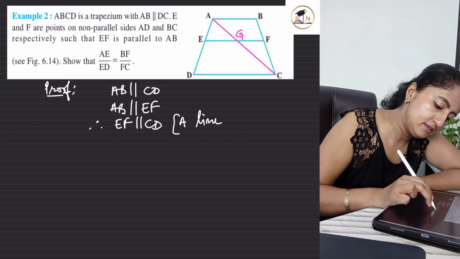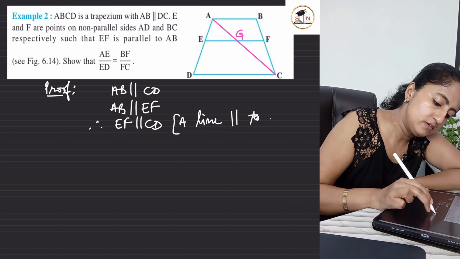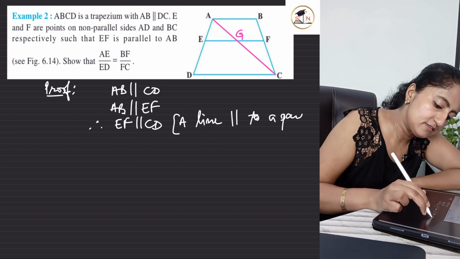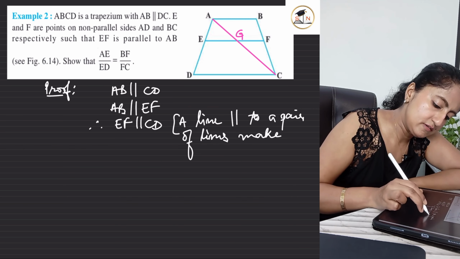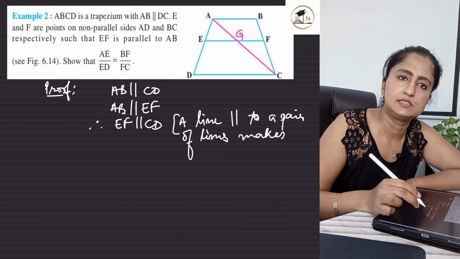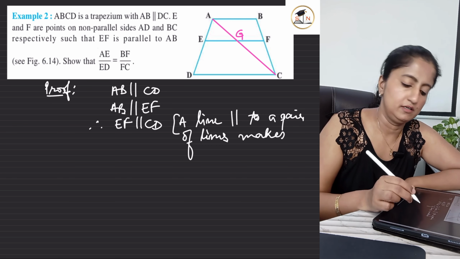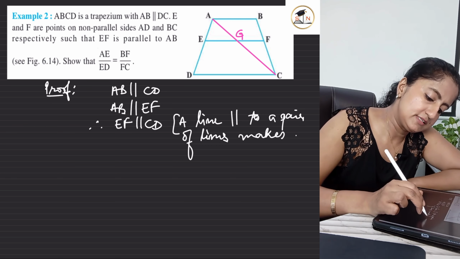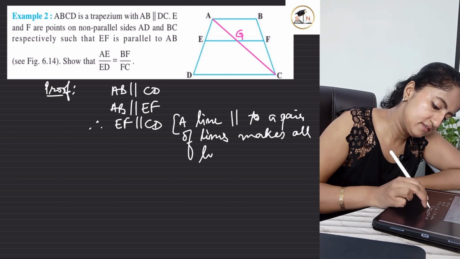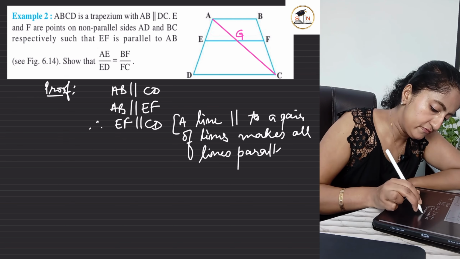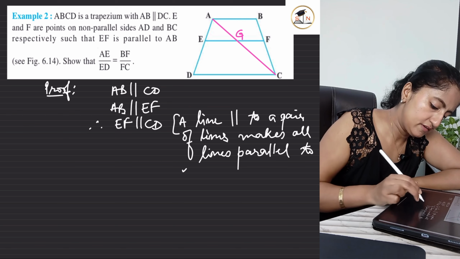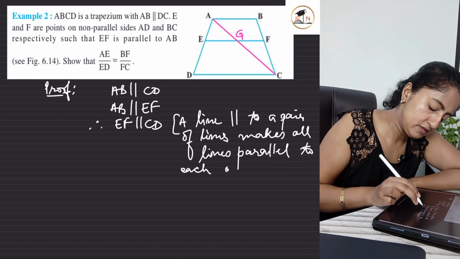A line parallel to a pair of lines makes all lines parallel to each other. You can actually play with the words, but the meaning should be important.